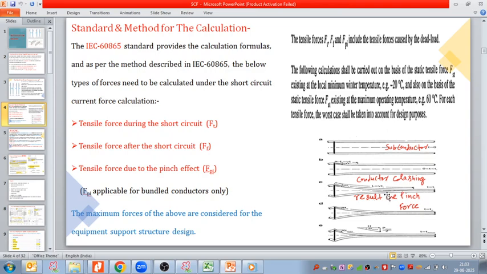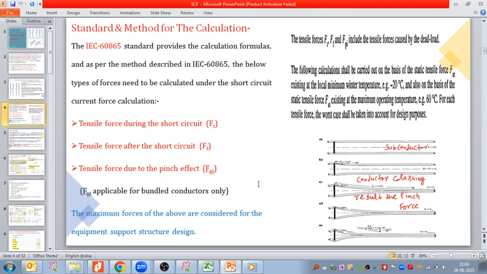Resulting in the pinch force, that you can see we have calculated over here. The pinch force results where we have done the stringing, at that point.